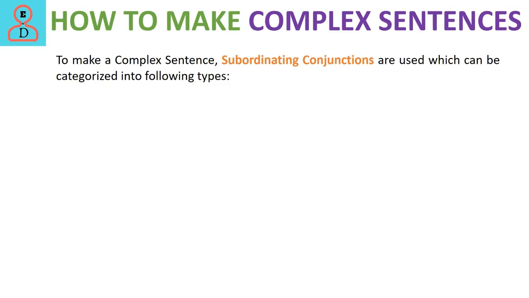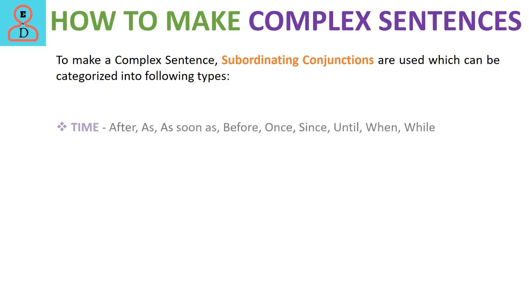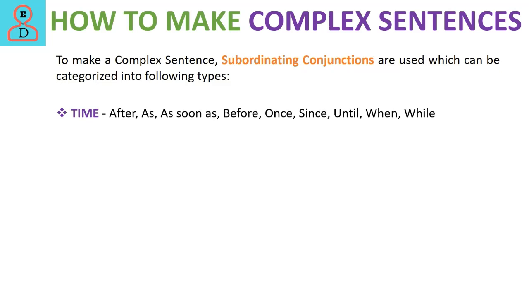Now, how to make complex sentences? In order to make complex sentences, subordinating conjunctions are used. Here are the main categories of subordinating conjunctions. First is time.